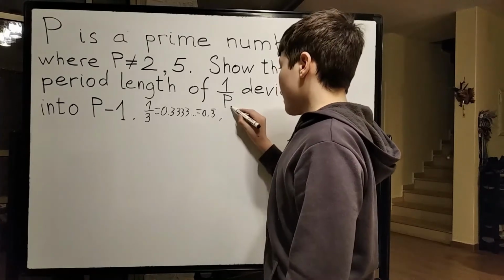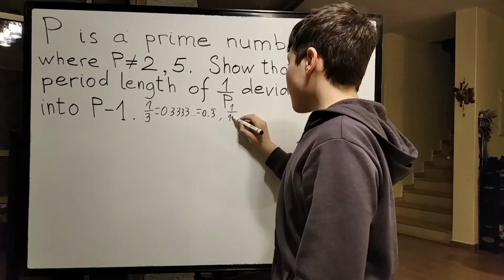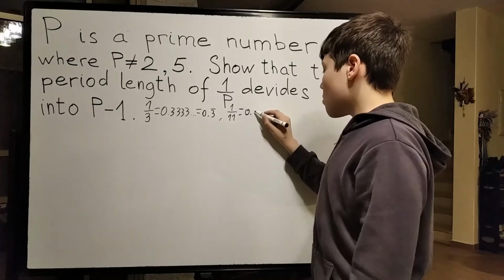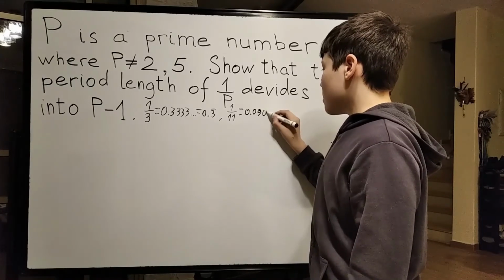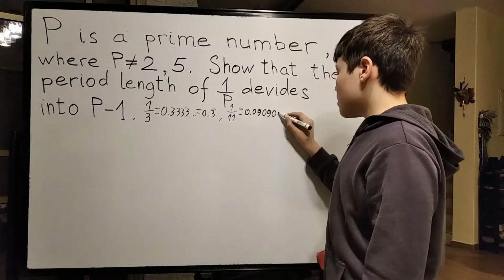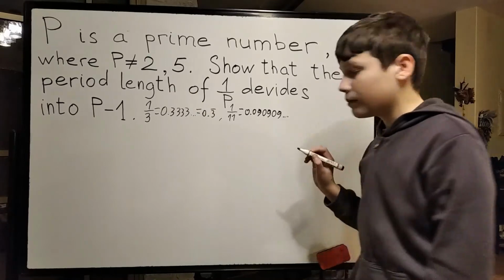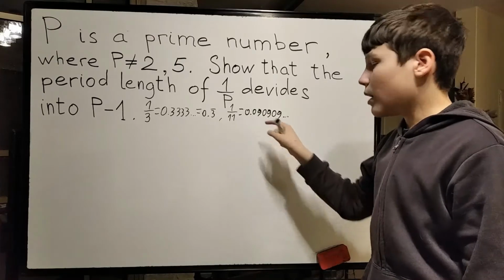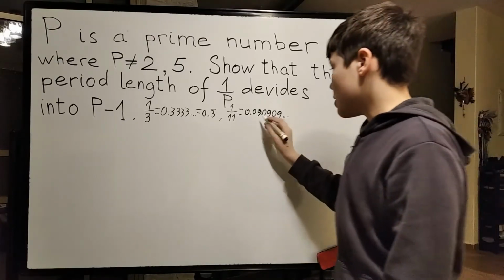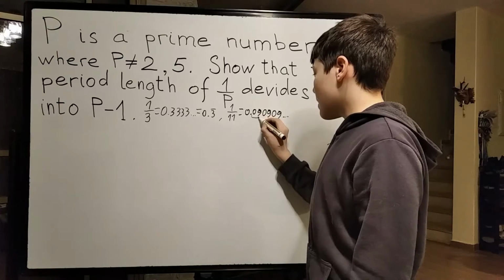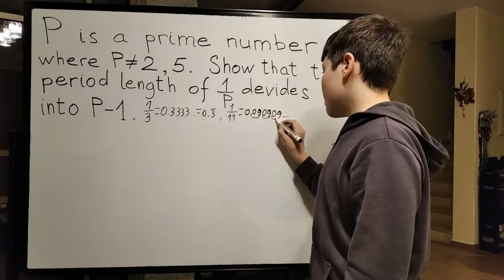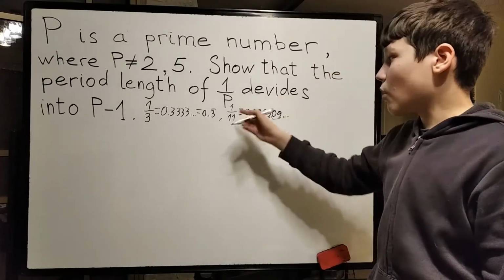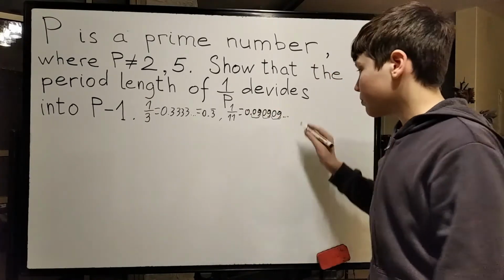If we maybe look at 1 over 11, that is equal to 0.090909 and so on. And we can see that the thing that is repeating here is 09, which is 2 digits, so we have 09, 09, and 09 forever, so the period length of 1 over 11 is 2.